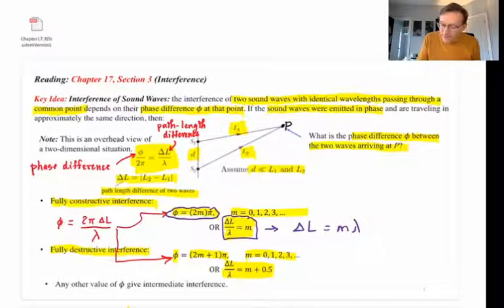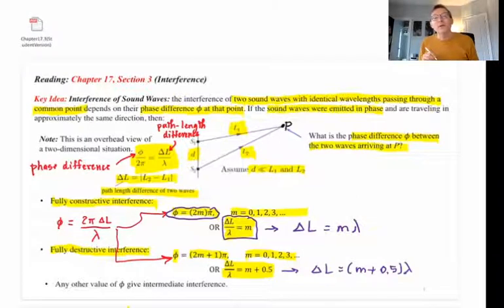Okay? So you can rearrange that if you want and write it delta L equals (m plus 1/2) times lambda. And that will get you fully destructive interference. So this way to write the expression for fully destructive interference, that the phase difference in radians must be an odd integer times pi, is equivalent to that expression: that the path length difference over lambda must be an integer plus 1/2.